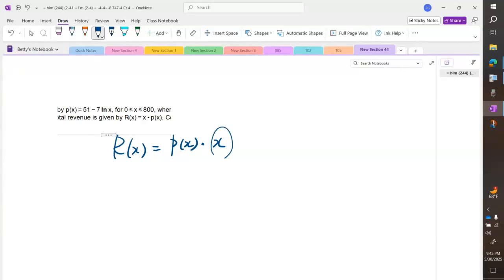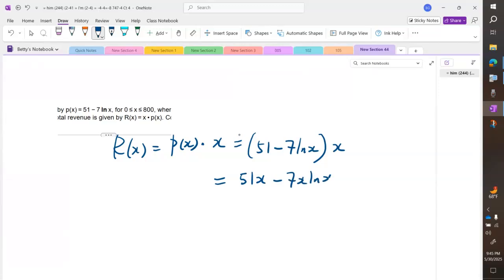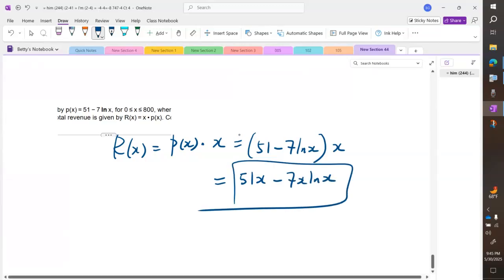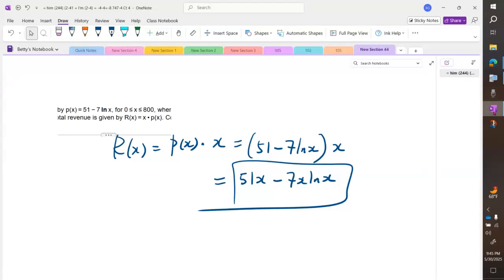You sold this many items, and for each item you charge this many dollars, and you multiply them together. That's how much revenue you have. So P of X is 51 minus 7 ln X, times X. Distribute: 51x minus 7x ln X. I would enter this as the revenue function.